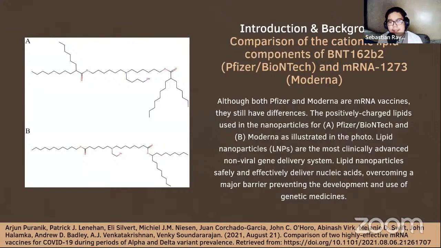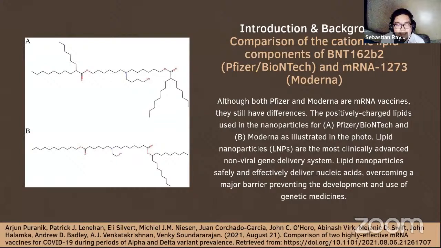Although both Pfizer and Moderna are mRNA vaccines, they are still different in a way. The positively charged lipids used in the nanoparticles for Pfizer BioNTech, labeled A in the image, and Moderna, labeled B in the image, lipid nanoparticles are the most clinically advanced non-viral gene delivery system.